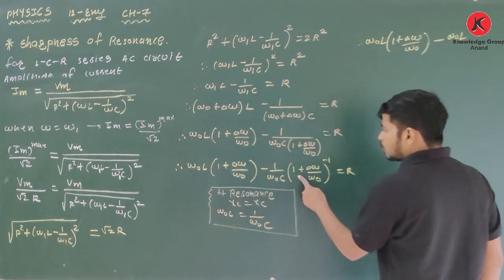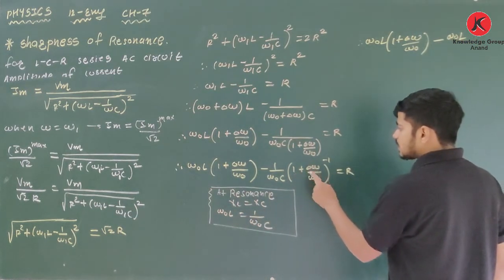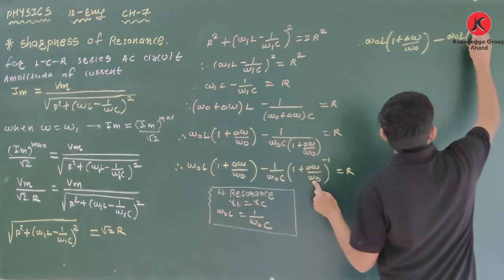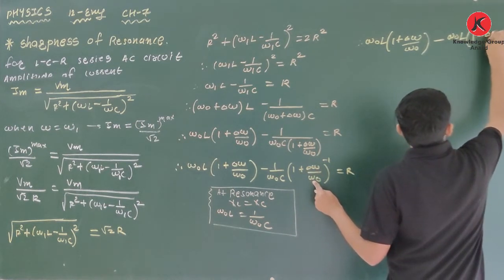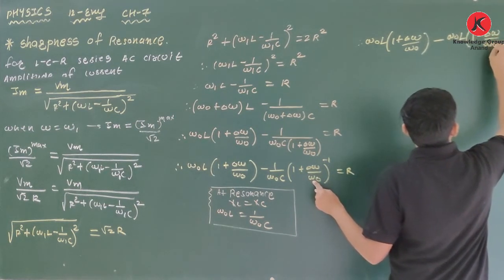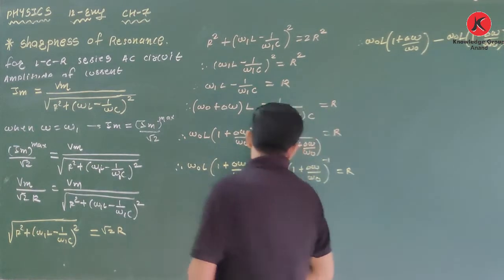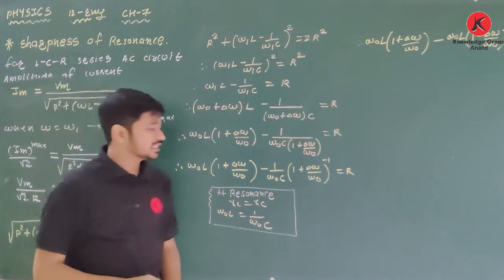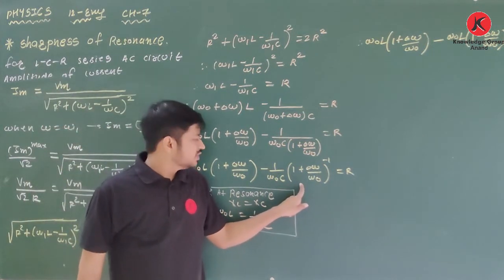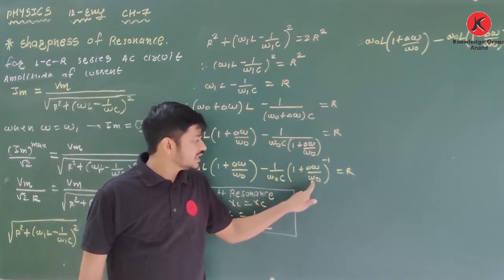And now about this term, 1 plus delta omega upon omega 0, I can write 1 minus delta omega upon omega 0 is equal to, here it is R. Why? Because it is binomial expansion, and we know that delta omega is less than omega 0.